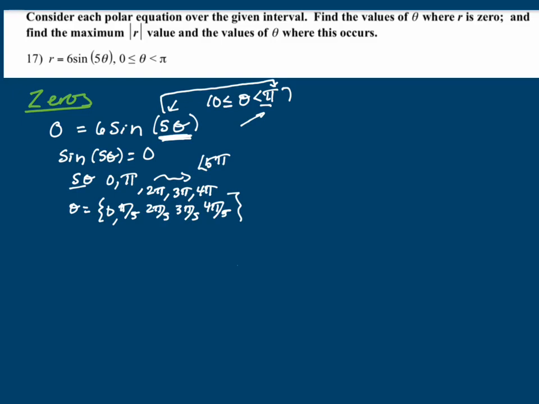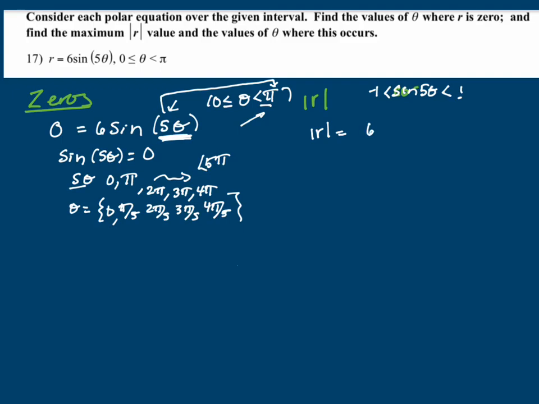The next thing we want to go for is the absolute value of r. What's the largest r can be? So remember, we take whatever our angle is. So our angle is sine of 5 theta, and that has to be less than or equal to 1 and greater than or equal to negative 1. So when you do r, you just substitute in 1 or negative 1 for the sine.